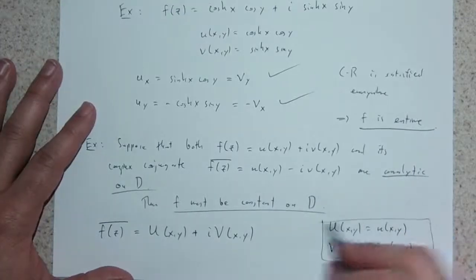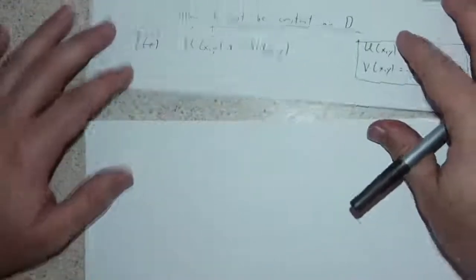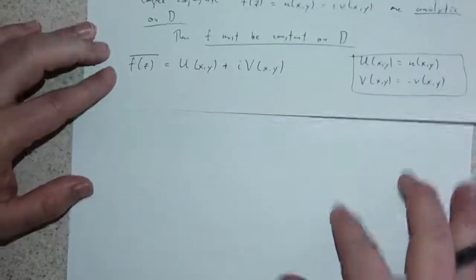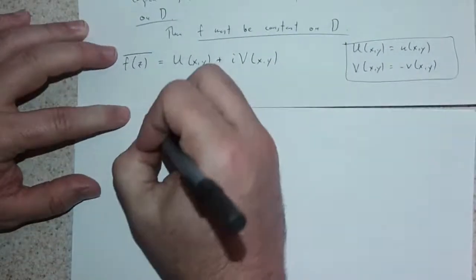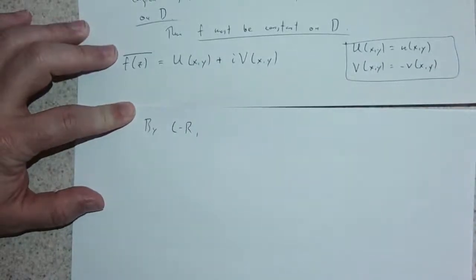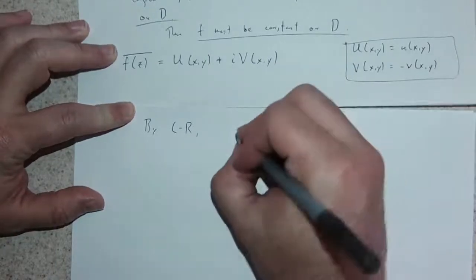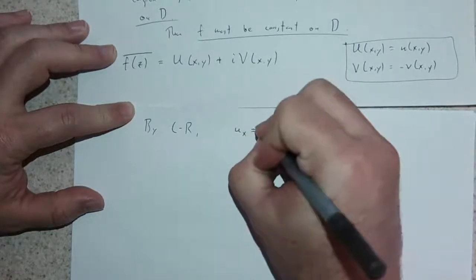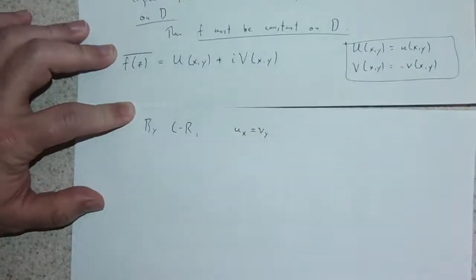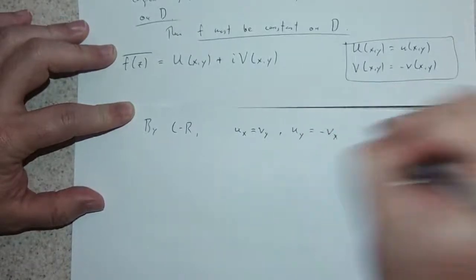Well, by Cauchy-Riemann, let me leave this on the screen here. And of course, we have the Cauchy-Riemann equations satisfied because both of these things are analytic. So by Cauchy-Riemann equations, we have u sub x is equal to v sub y, and u sub y is equal to minus v sub x.